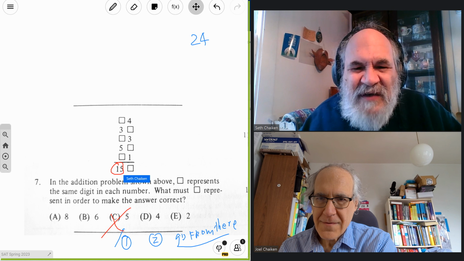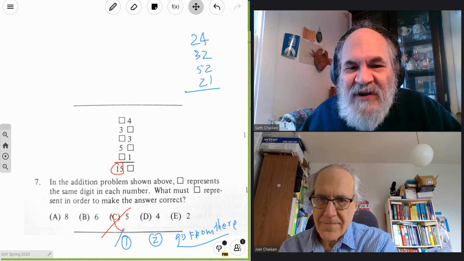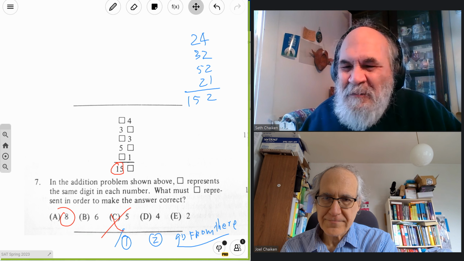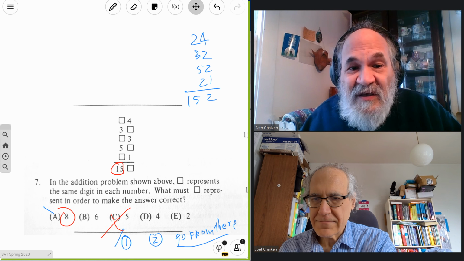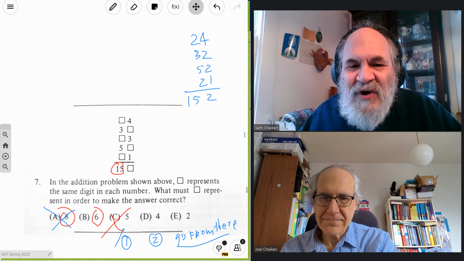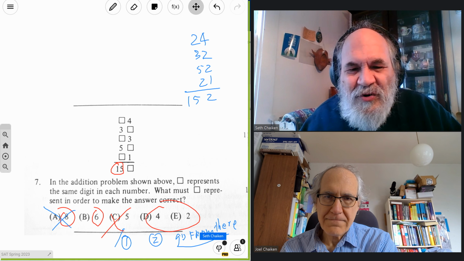These four numbers plus a carry, perhaps, have to add up to 15. Well, if there are 3 8s, it would add up to more than 24. Okay, so it can't be 8. Similarly, it can't be 6, because if these were 3 6s, they'd add up to 18. So it has to be either 4 or 2.